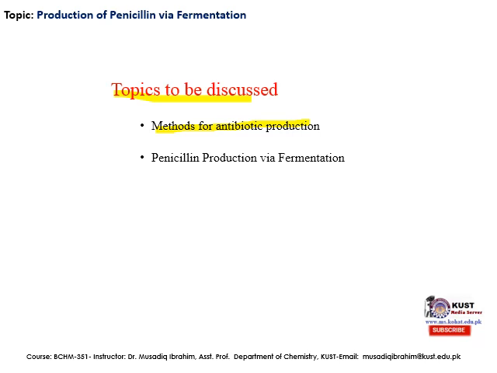Then is the penicillin production by the process of fermentation. Along with it, we will be discussing downstream processing. It is a part of the fermentation process in which the final product is being refined, purified, and extracted out. We will be discussing the downstream processing in detail.